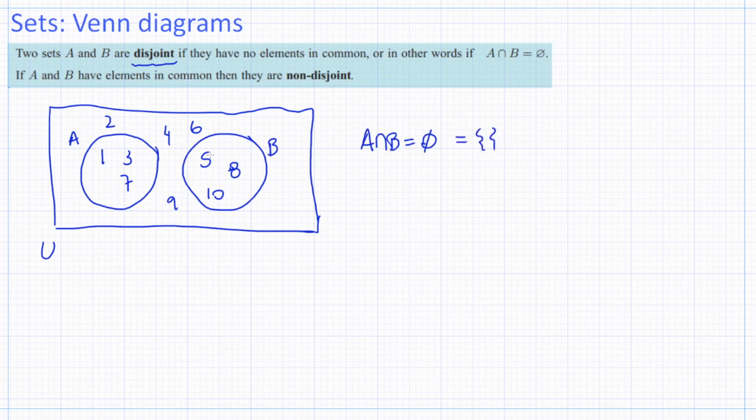There's nothing that they have in common, so that's what we call disjoint. If they are non-disjoint, it means that they have elements in common, so they would be overlapping here.